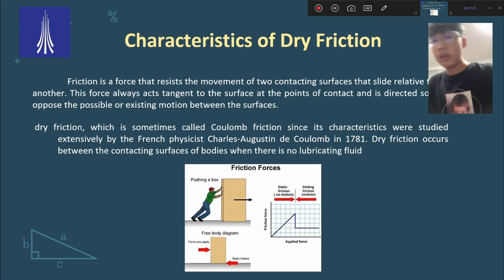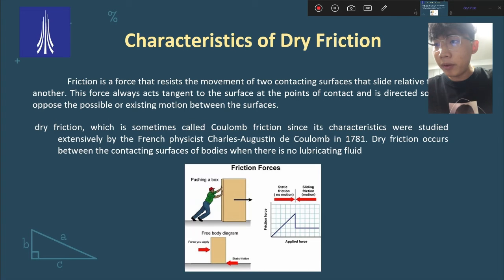Dry friction, which is sometimes called Coulomb friction, since its characteristics were studied extensively by the French physicist Charles Augustin de Coulomb in 1781, occurs between the contacting surfaces of bodies when there is no lubricating liquid.